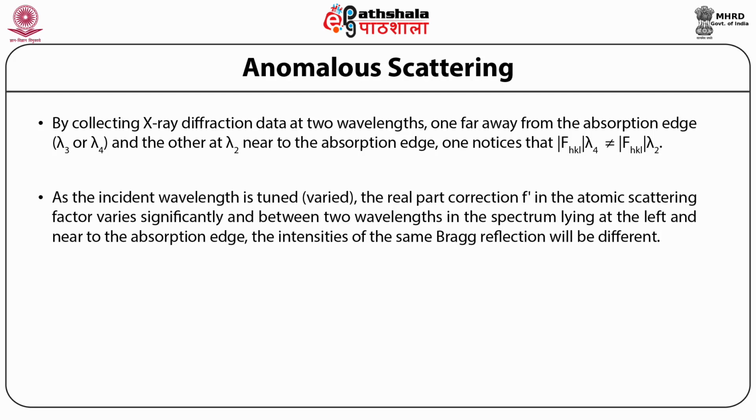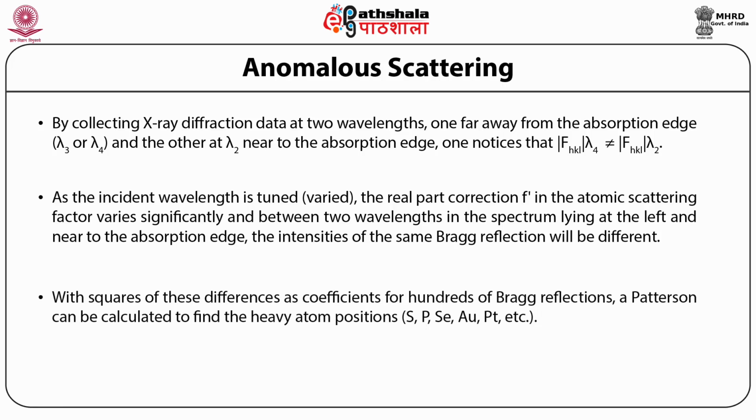Now, if you take the difference of these structure factors and use it in a Patterson, actually the square of this is used, then we can have hundreds of Bragg reflections used in the synthesis, and this Patterson can be used to find the heavy atom positions like selenium, gold, platinum, etc. Now, since you are using the differences in structure factor caused at 2 wavelengths due to the dispersive difference or due to the f prime term variation, this is known as the dispersive difference Patterson.